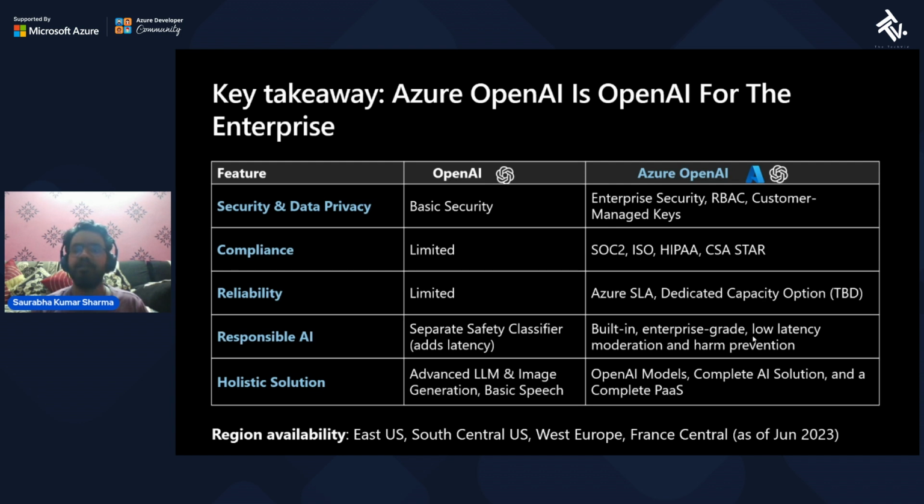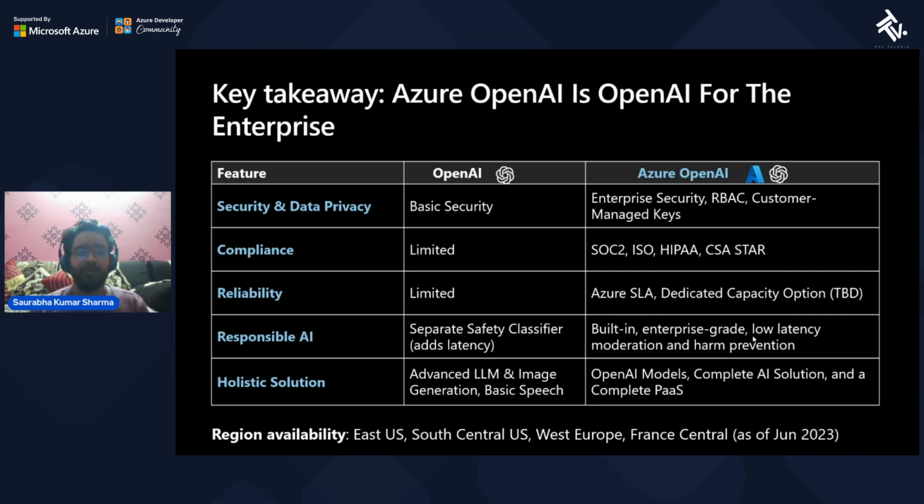It will give you enterprise-level security, RBAC, and customer-managed keys. On the compliance side, OpenAI is limited, whereas Azure OpenAI has ISO, HIPAA, and CSA STAR as well. On the reliability side, OpenAI is limited, whereas Azure OpenAI has the Azure SLA, dedicated capacity, and lots of things.